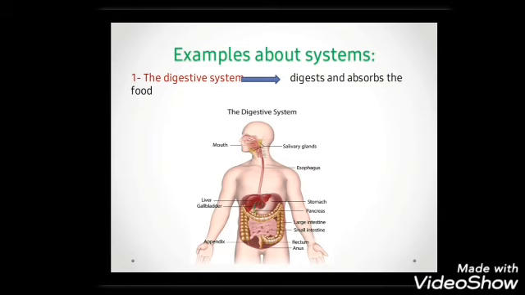But when the digestive system makes the digestion process, it changes to small pieces so our body can benefit from it. When it's in a big form, my body can't benefit from it. So the digestive system helps it to be small pieces, to digest and absorb the food.